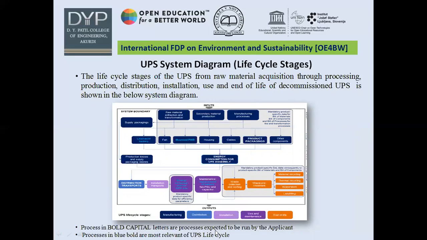So you can see the inputs are mandatory product specific data: bill of materials, bill of components, bill of processes, and end of transformation processes. This input includes raw material extraction, secondary material production, manufacturing processes.